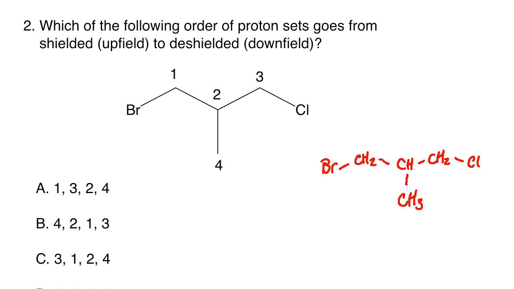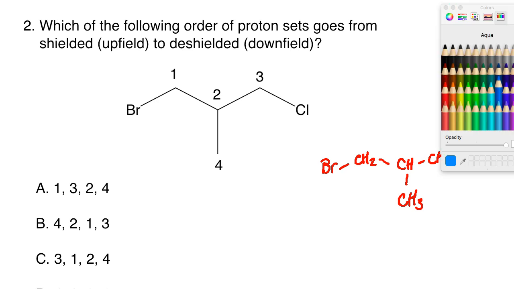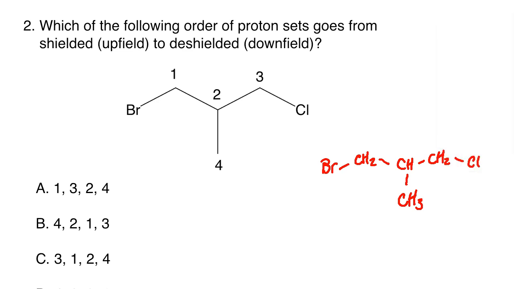All right? So hopefully you can identify and see that the most deshielded sets are going to be between these two. And that's because they are directly next to or attached to the electron withdrawing groups. So heavy deshielding is going to occur for both of those methylenes.